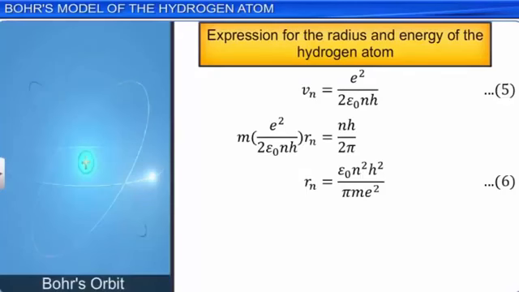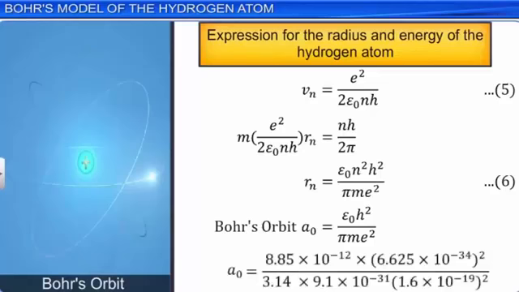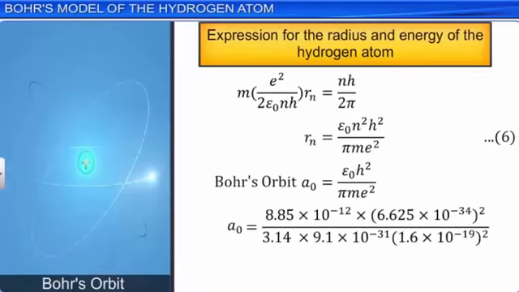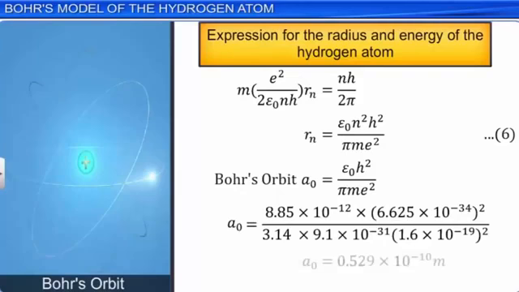Substituting the value of Planck's constant h, ε₀, and the magnitude of the charge of the electron e, and simplifying, we get a₀ is equal to 0.529 × 10^-10 meter, which is equal to 0.529 angstrom. From equation 6, it is clear that the radii of orbits are directly proportional to n².